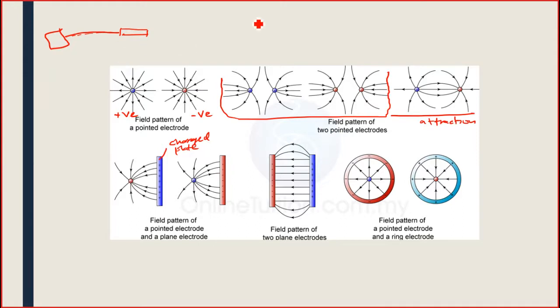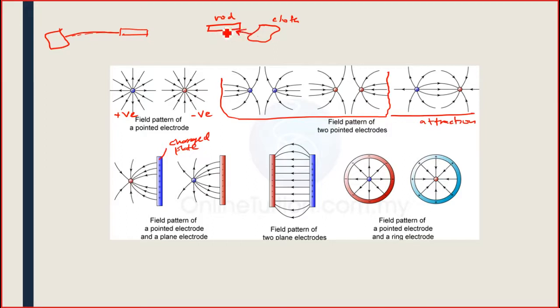Or the easiest one is you can just take a rod and some sort of cloth. You can rub the cloth on this rod. This is the rod, this is the cloth. You rub them together, and the charge is going to be transferred, so the rod can become negatively charged.